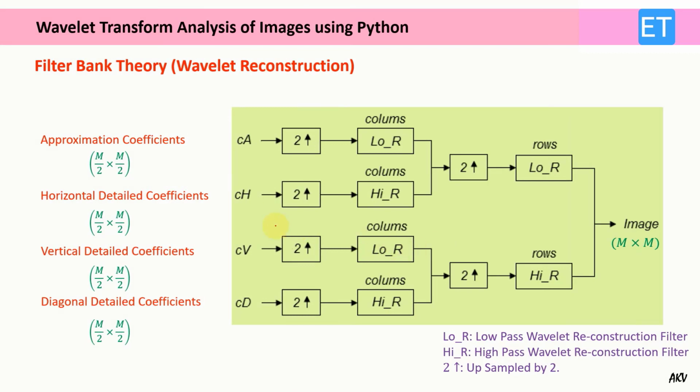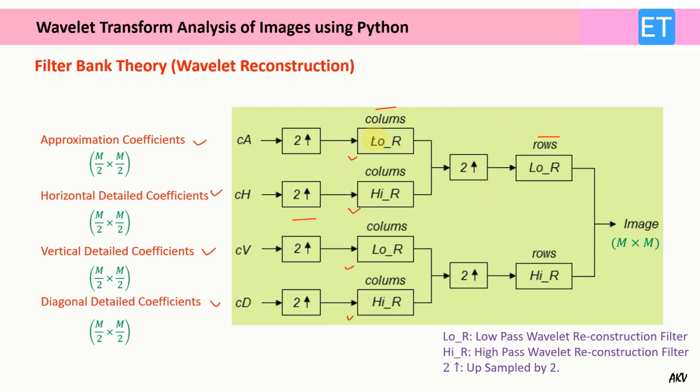Now let us see the reconstruction, that's the inverse wavelet transform. So we have all these 4 matrices, CA, CH, CV and CD, then doing the reverse operation, that means upsampling, and then passing through the low pass and high pass filters, and again doing the column wise and row wise operation.